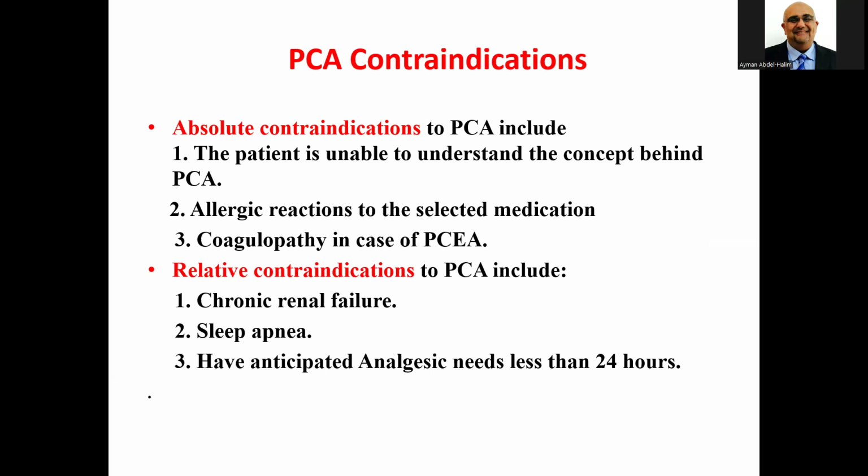So it doesn't make sense to put a patient on a PCA machine who would probably need less than 1 day of opioid use. And I've seen this, unfortunately, done in so many places. I mean, if it's a simple procedure, do not start a PCA. Just use a regular PRN approach.